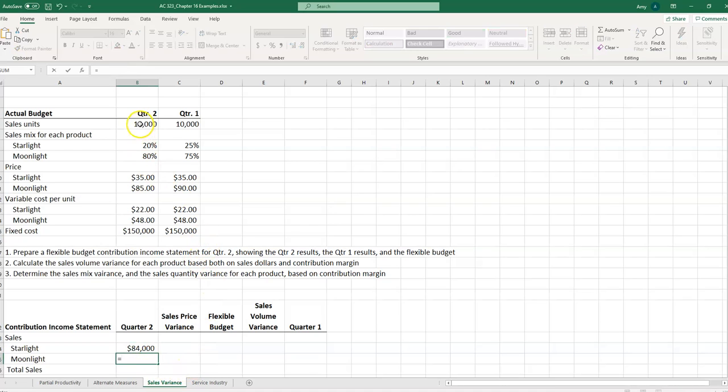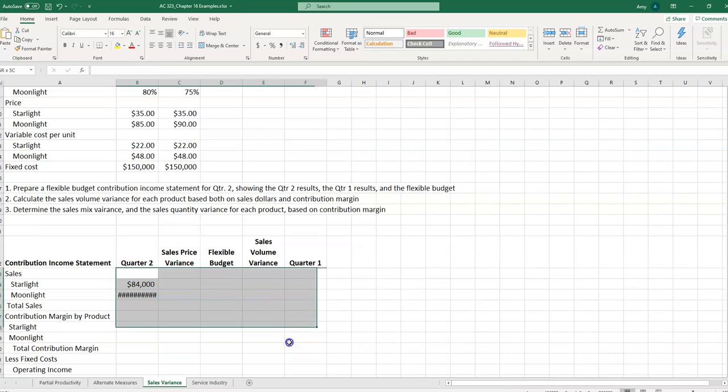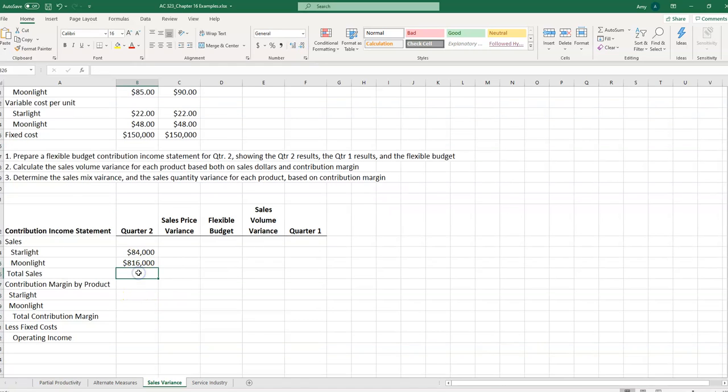And then for the Moonlight, 12,000 units times the 80% of the sales mix times the $85. So our total sales is $900,000.